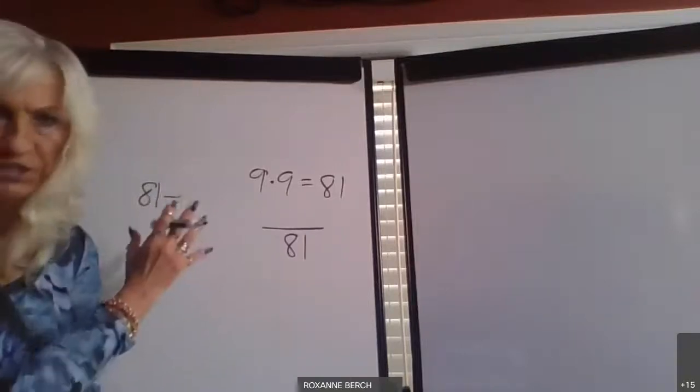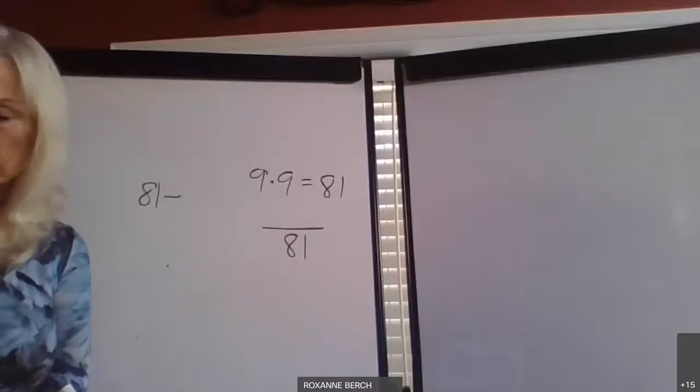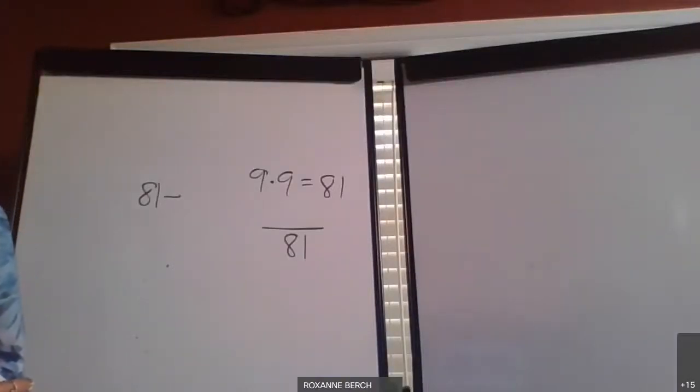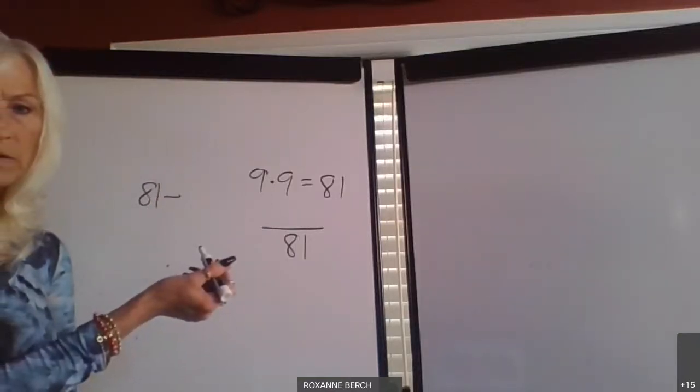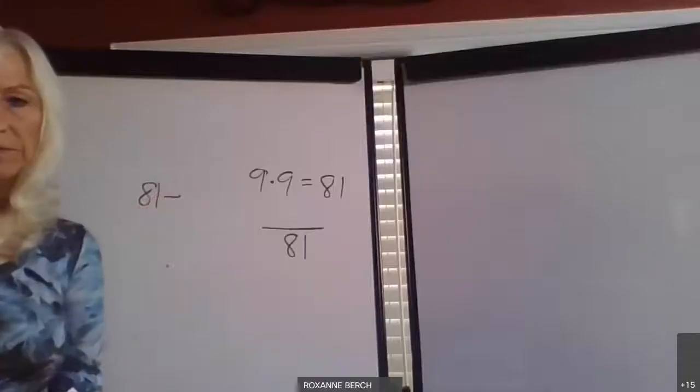I didn't do it this way, but you could do it this way. So you subtracted how many boxes from 81? I didn't subtract. I just counted the white boxes. Okay, how many white boxes?